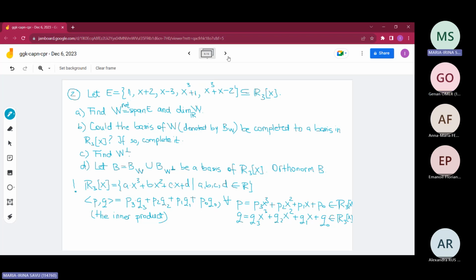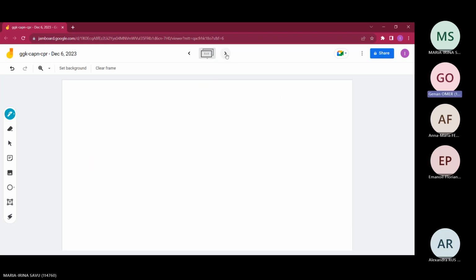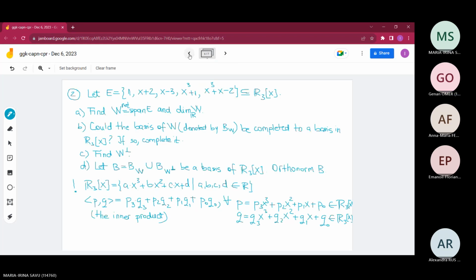And what should you do? We have to express the vectors from E, to find a relation. Let's say a constant multiplied by a vector.